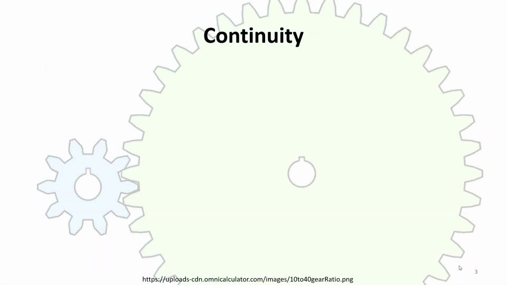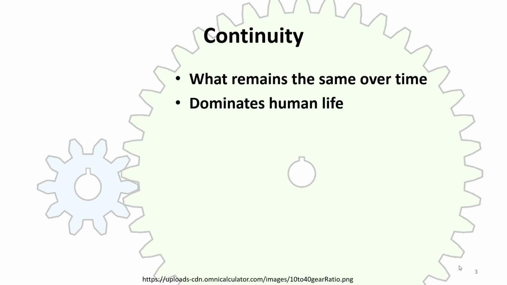What historians sometimes neglect, or at least people think historians neglect, is continuity. That is, what stays the same as the wheels of change turn. Change is almost always marginal in human affairs, so it's continuity that dominates human life.